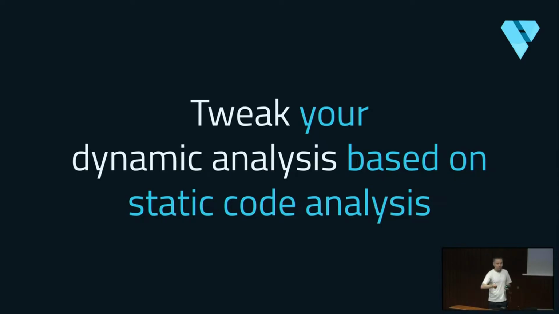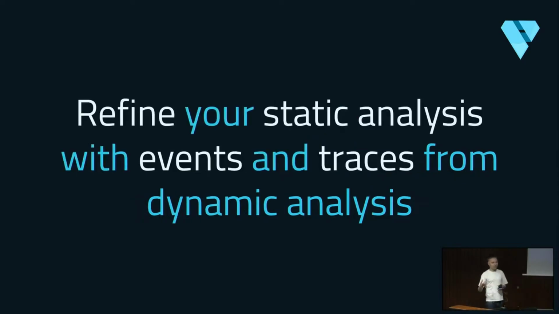So then you run the sample, and then take output from the dynamic analysis and use that to refine your static analysis. So typically, in a sandbox, you can get this with events, which would be typically API calls, API parameters and stuff, and some traces, which should tell you what code has been run.